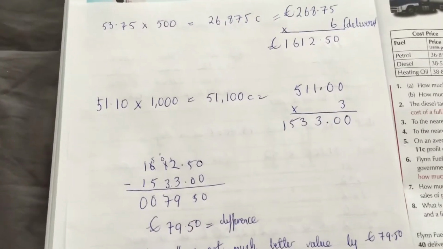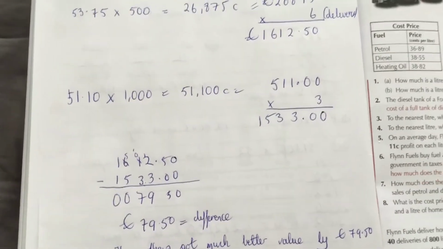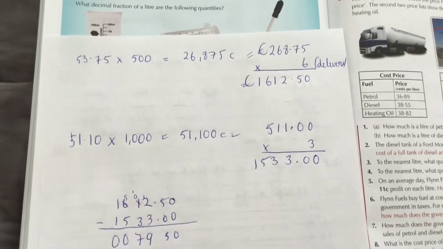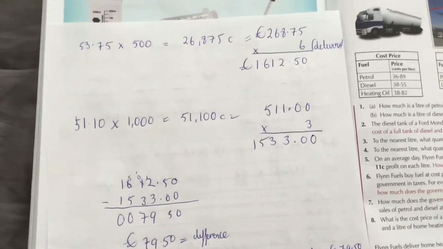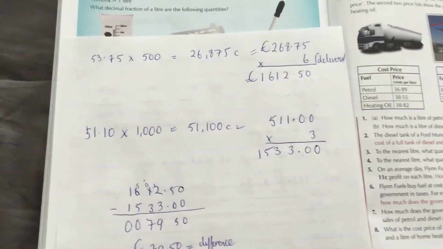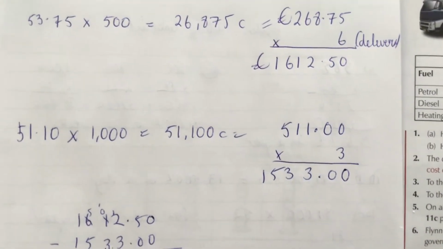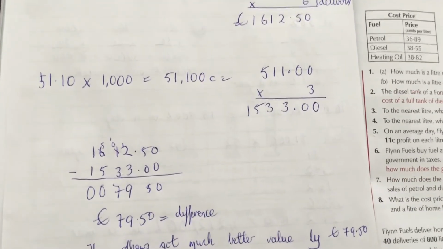And then 51.10, which was the 1,000 litres. I multiplied that by 1,000, and I got 51,100. And that was cent, and that was 511 euro, because when you divide by 100 to change it to euro, because it's 100 cent in a euro, you end up with 511 euro. And then you multiply that by 3, and you end up with 1,533 euro.